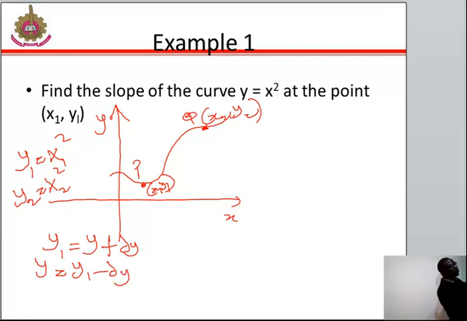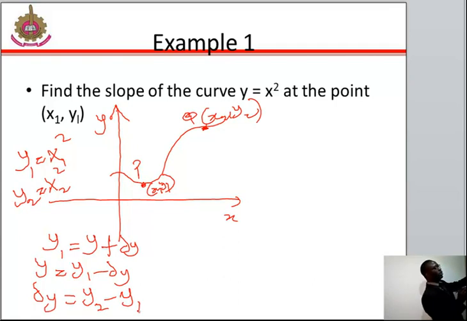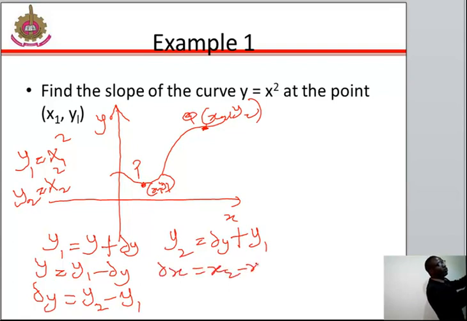You will agree with me that your delta y will be equal to y2 minus y1, and from here you can have your y2 equal to delta y plus y1. Equally, you are going to have your delta x as x2 minus x1.